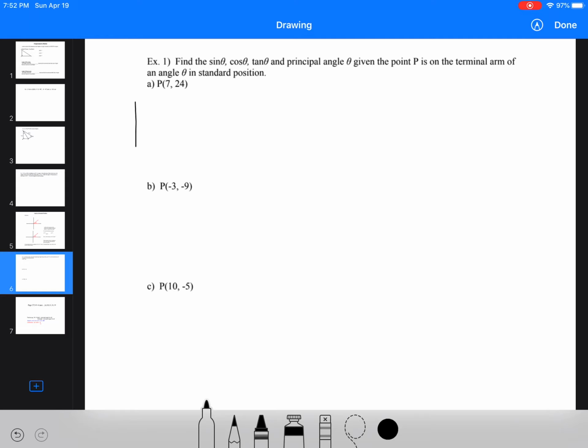So find sine, cos, and tan and the principal angle given the point P if the terminal arm is in standard position. So what this is telling me is that this is in quadrant 1. We have positive, positive. So we've got 7, we've got 24. So we're in quadrant 1. So for sine, cos, and tan, first we need to find r.